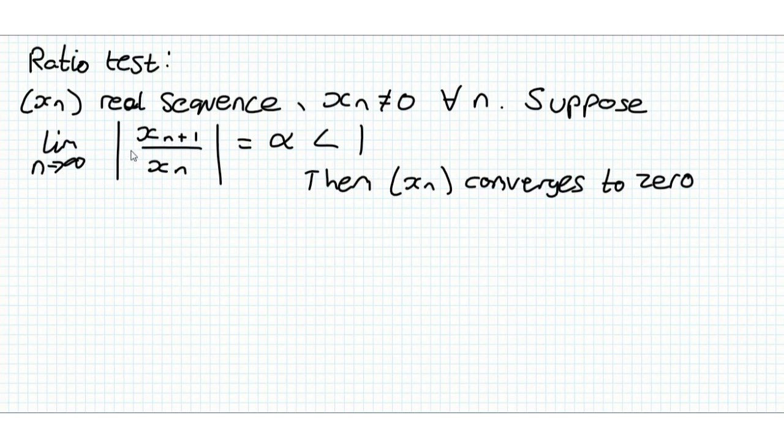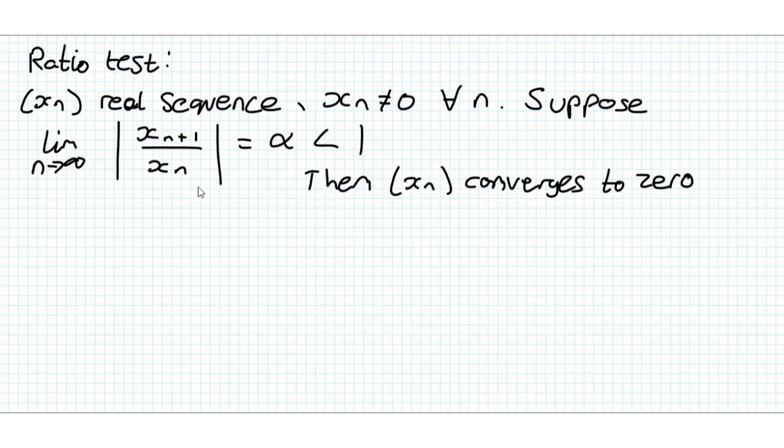So if the modulus of xn plus 1 over xn is less than 1, that means all the next terms are smaller than the previous terms. So if as n tends to infinity this is true, then eventually the sequence will converge to 0 intuitively, although as I say that's not a proof.